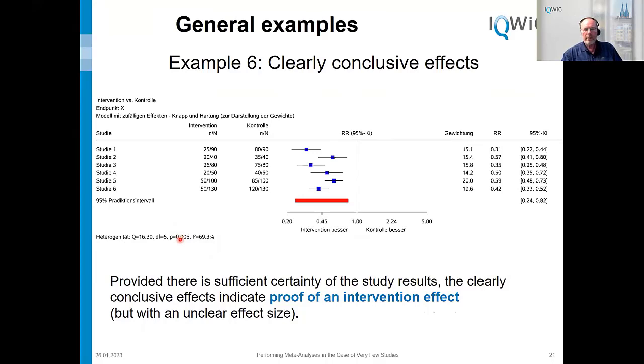Nevertheless, all studies are significant, and with large heterogeneity you can use the prediction interval to say, okay, we have here a situation with clearly conclusive effects. So we have a proof of an intervention effect, but the effect size is unclear and heterogeneity is large. This you can conclude even if it's not meaningful to perform a meta-analysis.